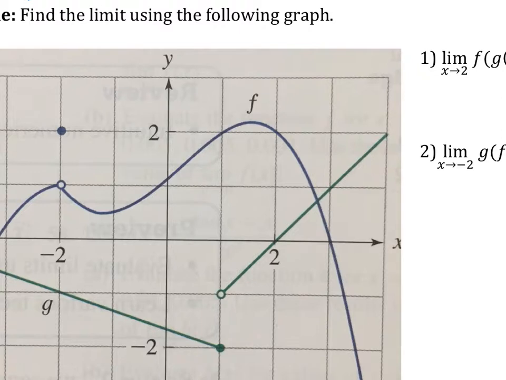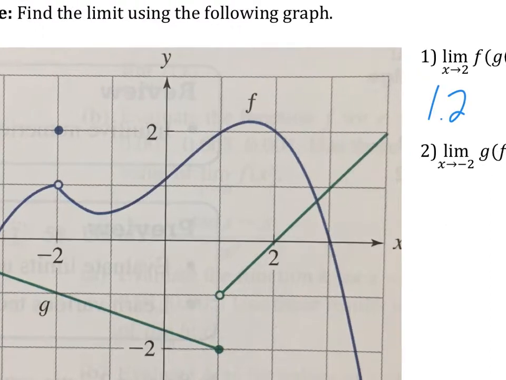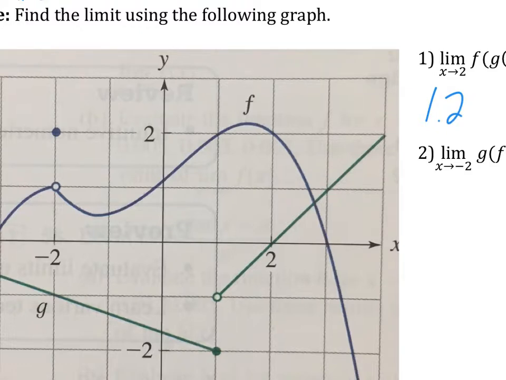When the function is going to 0 on f, it's about maybe 1.2. So the answer is around 1.2. Does that make sense? Because remember, your function is dropping the x into g. Once it evaluates what that number is, then it goes to f. 2 does not go into f.